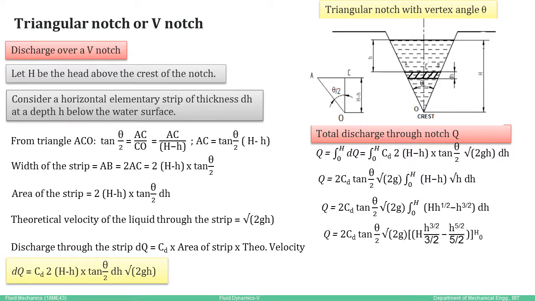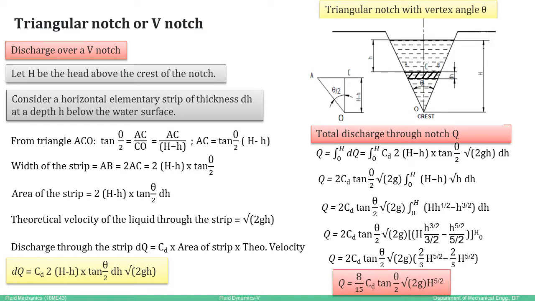Now integrating it, we have the integration of h to the power half and h to the power 3 by 2, and now applying the limits and simplifying, you must take some time to simplify this, taking the LCM for 3 and 5, which is 15. We finally end up with Q is equal to 8 by 15 into Cd tan theta by 2 root of 2g multiplied by H to the power 5 by 2.